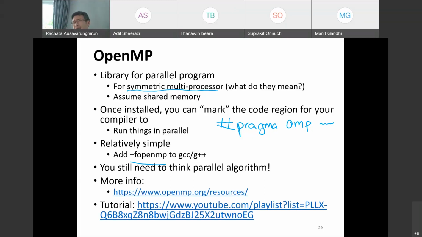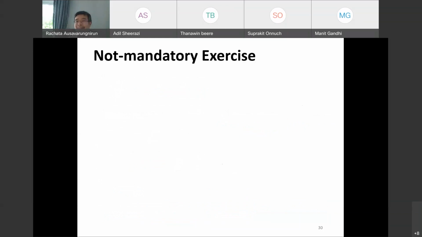There are about 20 or 30 video clips, and each clip is about 10 minutes long. So it's not long at all. You can start and see if you'd like it or not. And if you're curious about it, let me know, right? So I can troubleshoot things you get stuck on if you try to implement something such as our non-mandatory exercise.